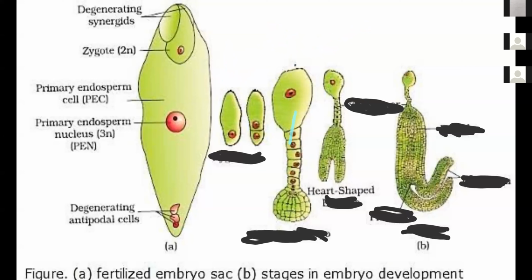Globular stage. Which stage is this one? Heart-shaped stage. How about this one? Last one. Mature embryo stage. What about this structure?